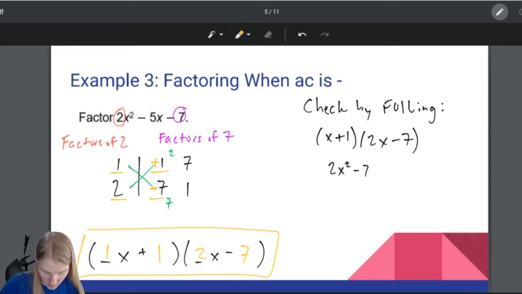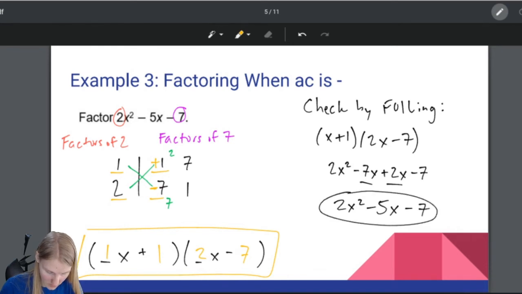Outside is minus 7 times x. Inside is 2x times 1. And last is negative 7 times 1. Now if I combine my like terms here, I get 2x squared minus 5x minus 7. Look at that. Same thing.